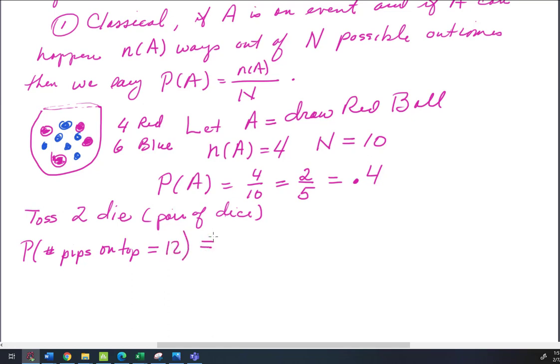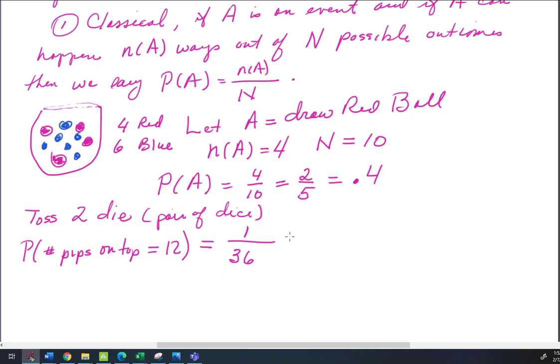I can use the classical definition here and say that there's only one outcome, only one way to get a 12 when I roll a pair of dice, and that is they've both got to be 6. And there would be 36 things that can happen when I roll a pair of dice. I could get 1 through 6 on the first die, or 1 through 6 on the second die. So altogether that gives me 36 outcomes. So the probability of getting a 12 when I roll a pair of dice would be 1 over 36.